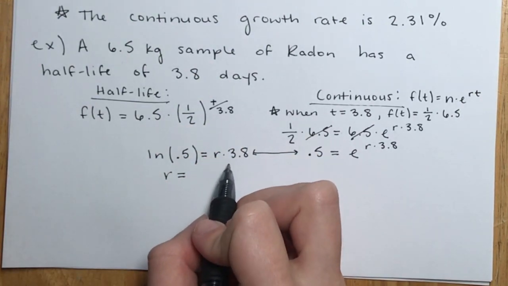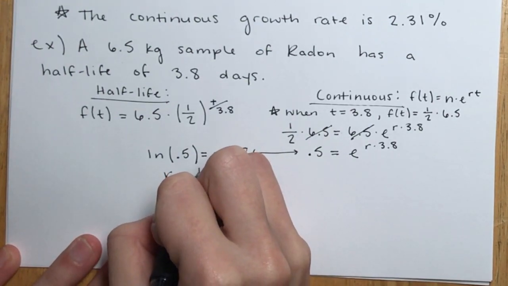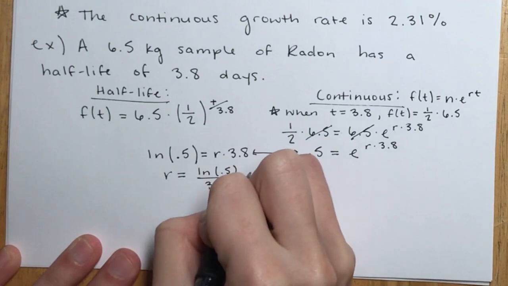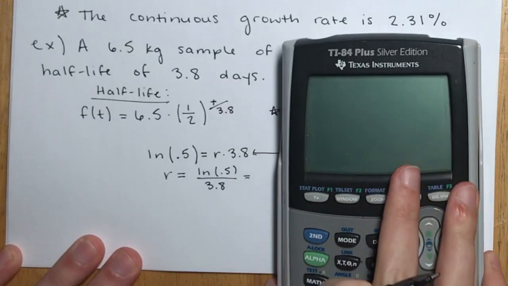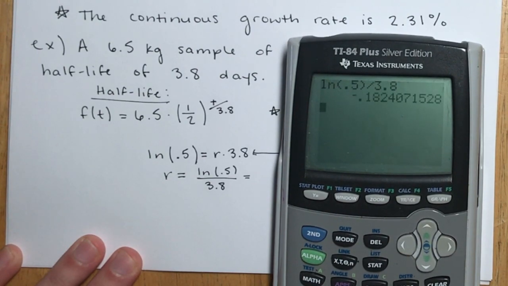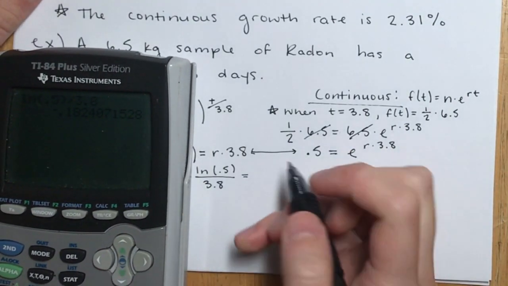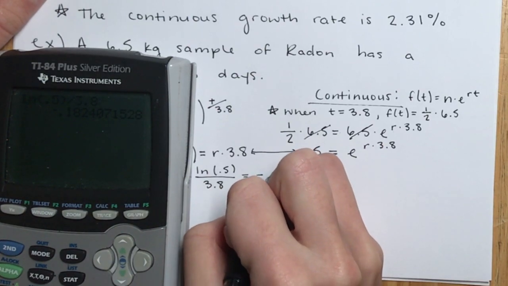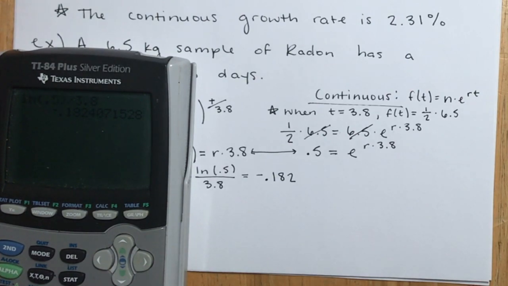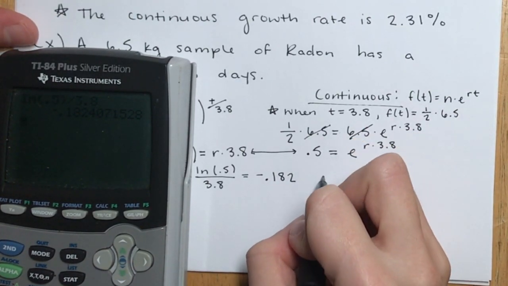To get r by itself, we need to divide by this coefficient. So we divide by 3.8, we get ln of 0.5 divided by 3.8. If we throw that into our calculator, we get negative 0.182. So what does this mean about our continuous growth rate?